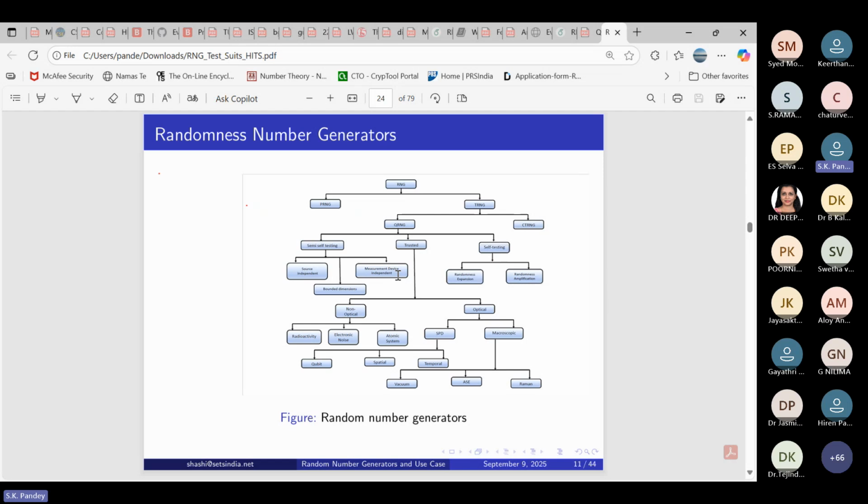Another is true random number generators. Here the requirement of a physical source, or we can say a source of entropy, is interesting, where the idea of the quantum world is playing an interesting role, like how you observe the source of entropy of a quantum phenomenon, and based on that reading, or you can say measurement, you generate the sequence.